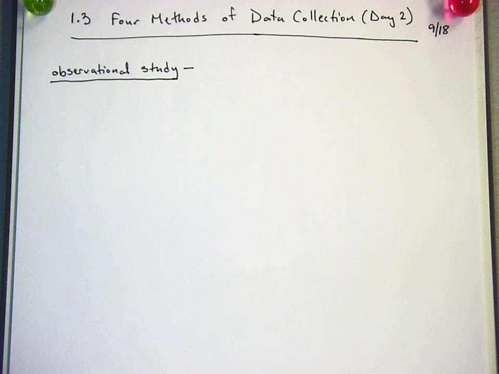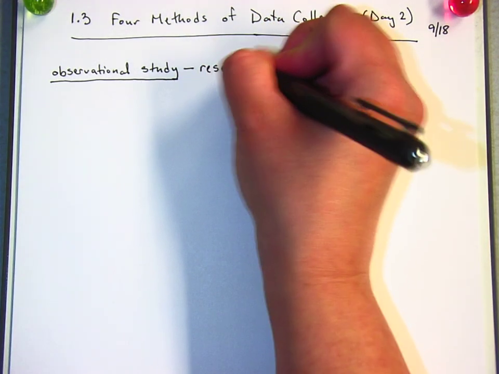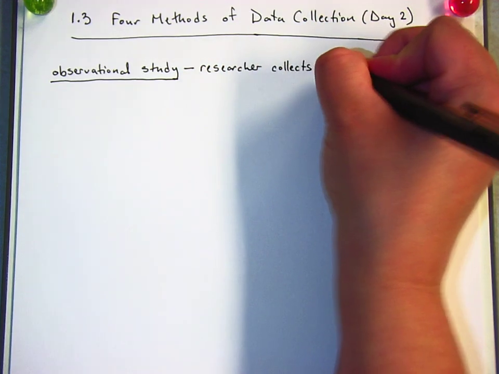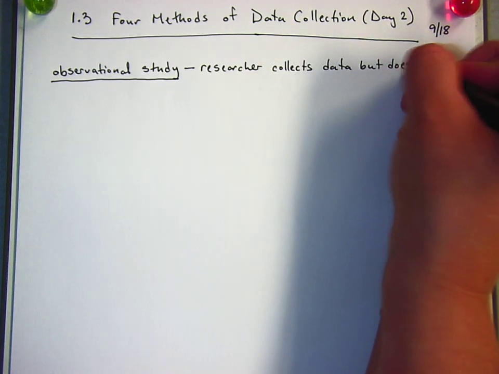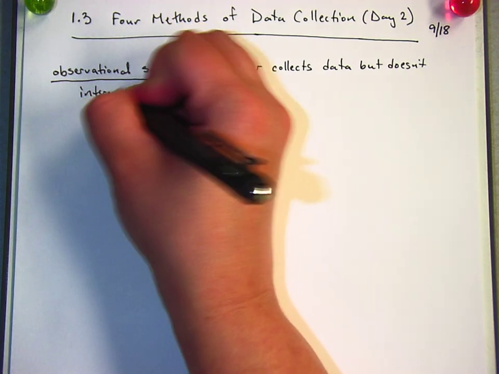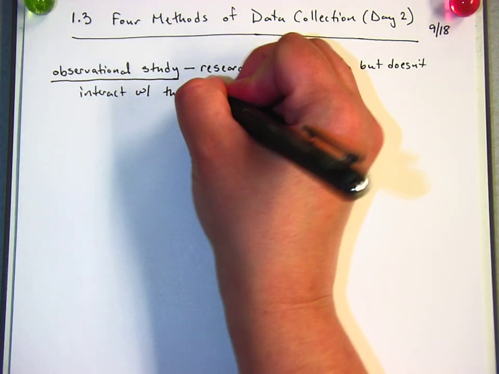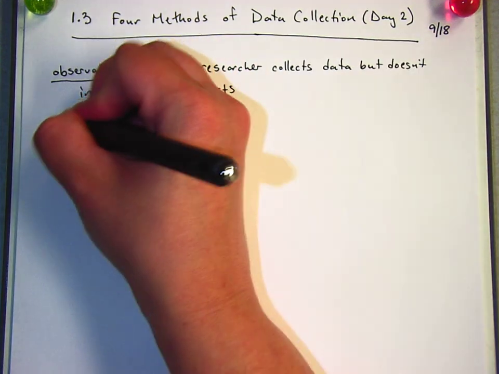An observational study is when a researcher collects data but doesn't interact with the subjects. I'm going to give you 2 examples.